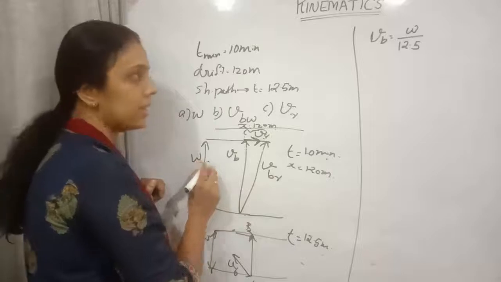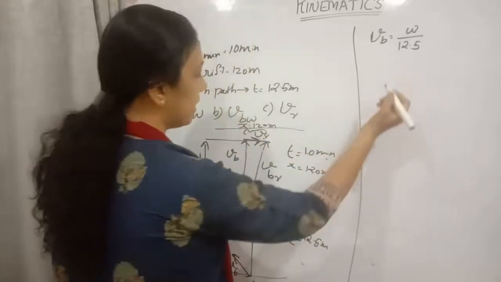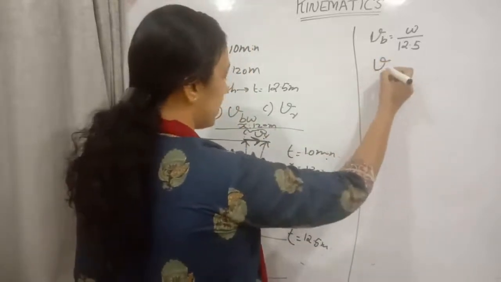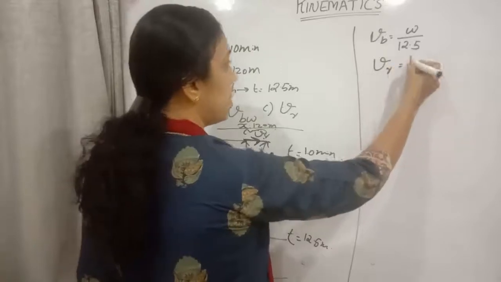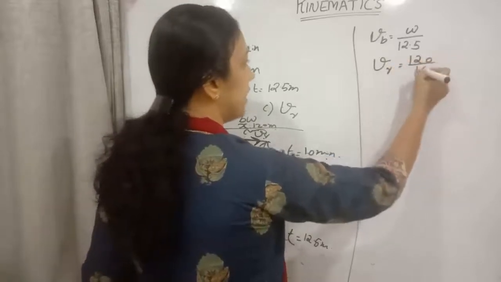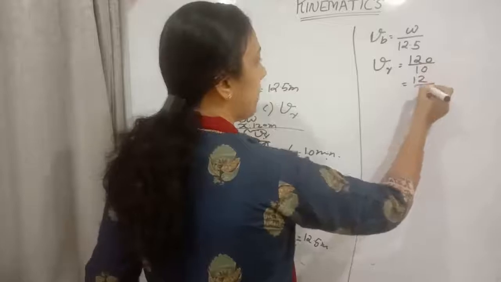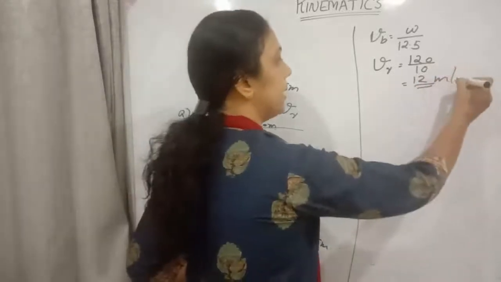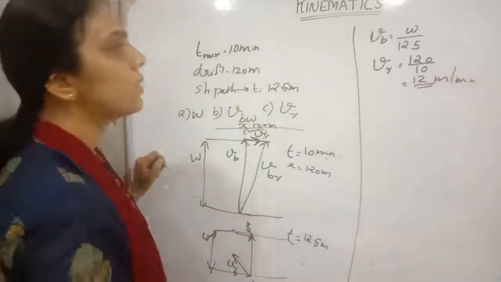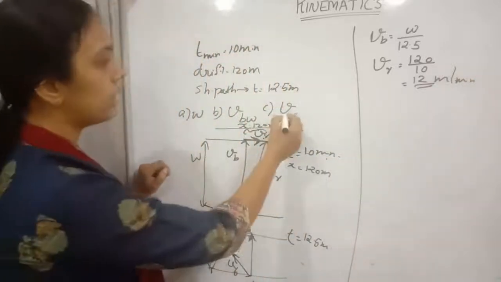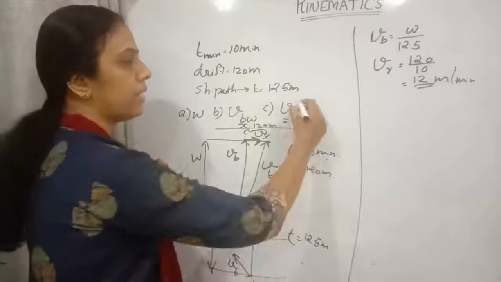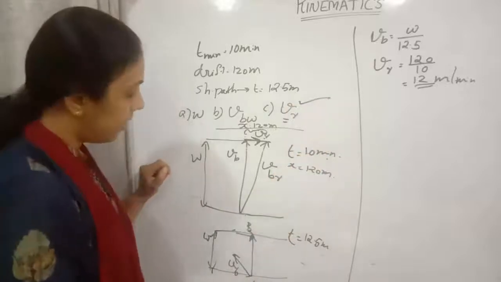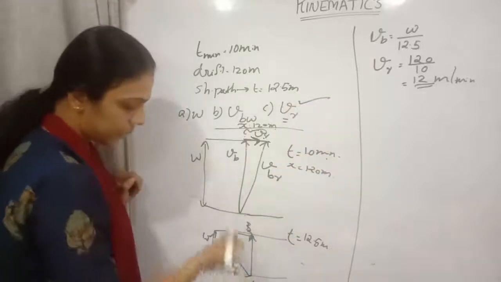Taking that, we get the velocity of the river equal to 120 divided by 10, that is 12 meter per minute. So this is the velocity of the river, VR. Clear?